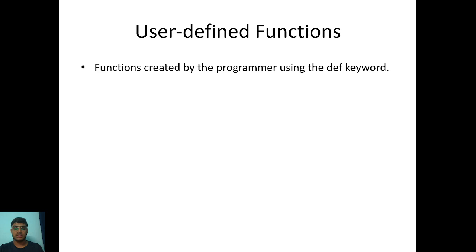For example, if you want to calculate the area of a rectangle or display a welcome message multiple times, you can create your own function. A user-defined function is written using the def keyword. The def keyword defines a function.